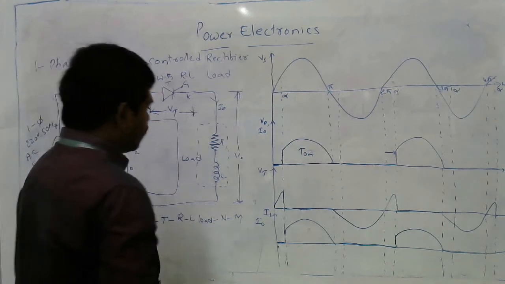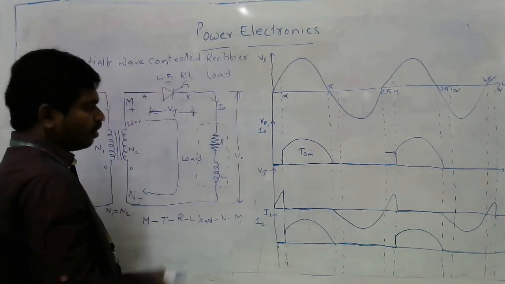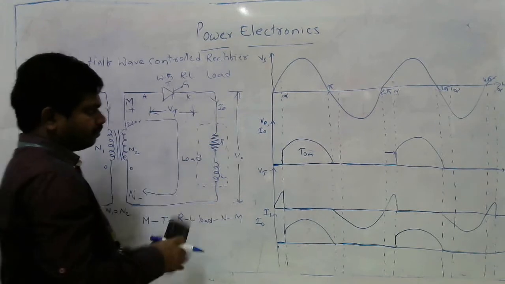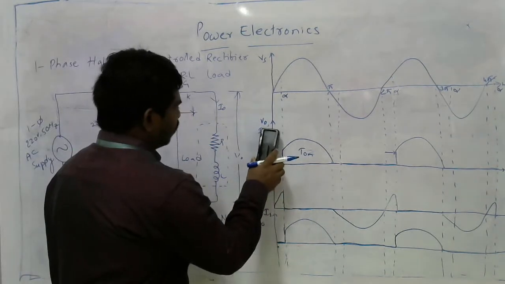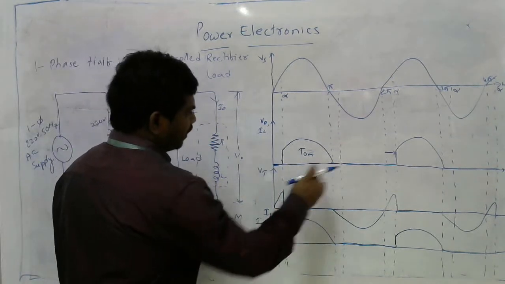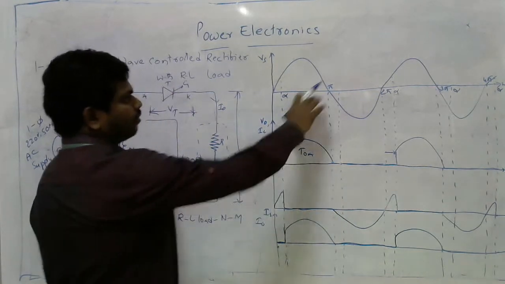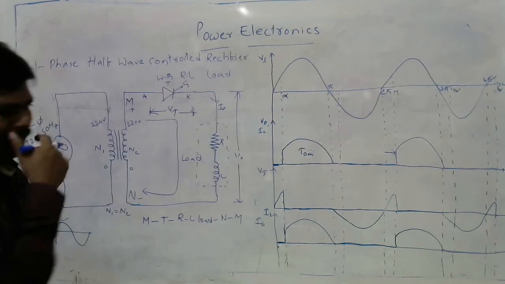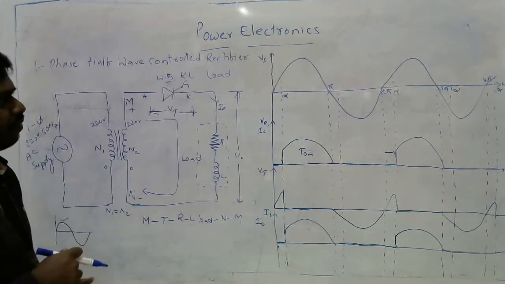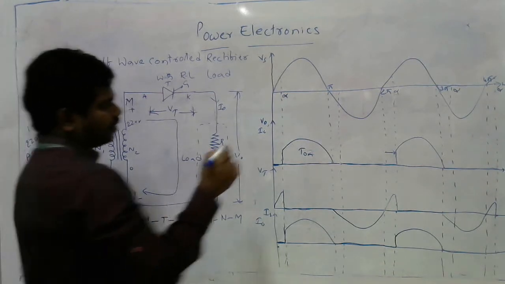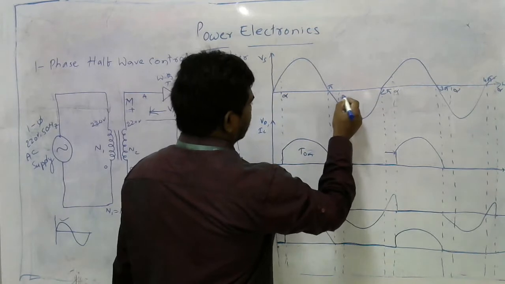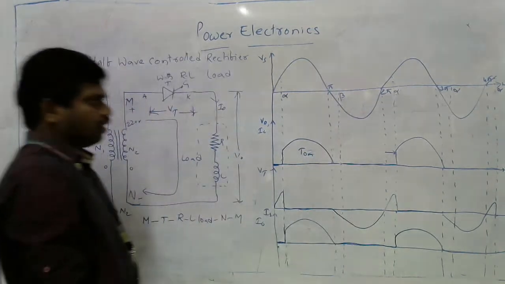Now during this condition, we are getting output voltage from alpha to pi because of the input supply. Afterwards, this is called extension angle beta.